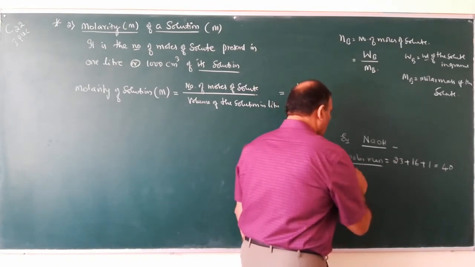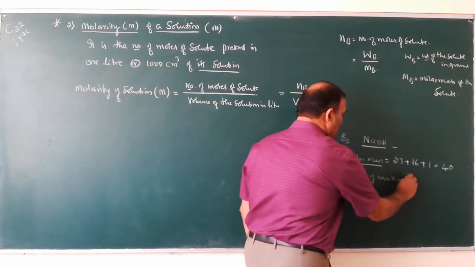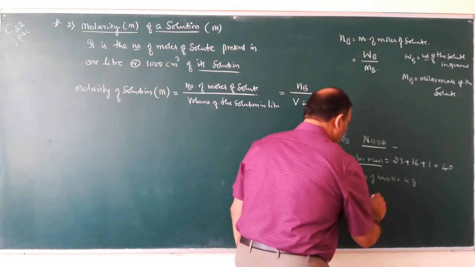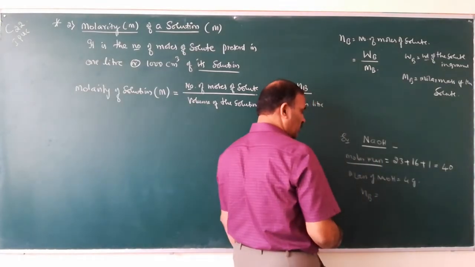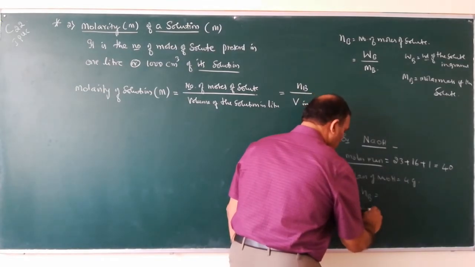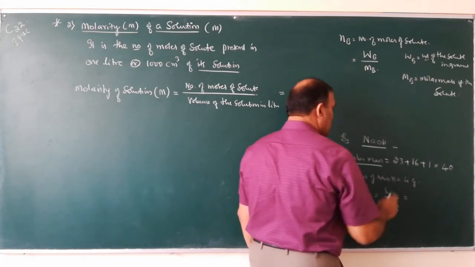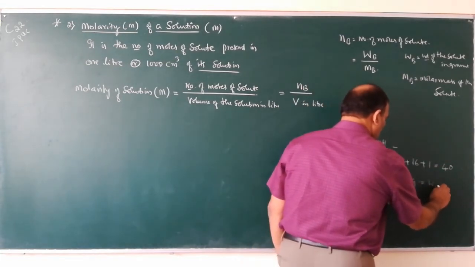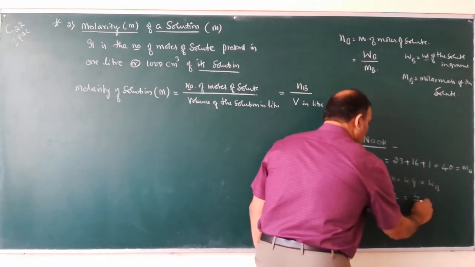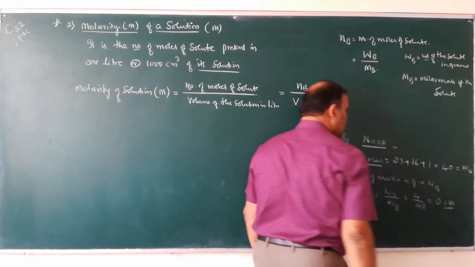If the mass of solute, mass of NaOH, is equal to 4 grams, then NB, number of moles of NaOH, is equal to what? WB over MB. So 4 divided by 40 equals 0.1 mole.